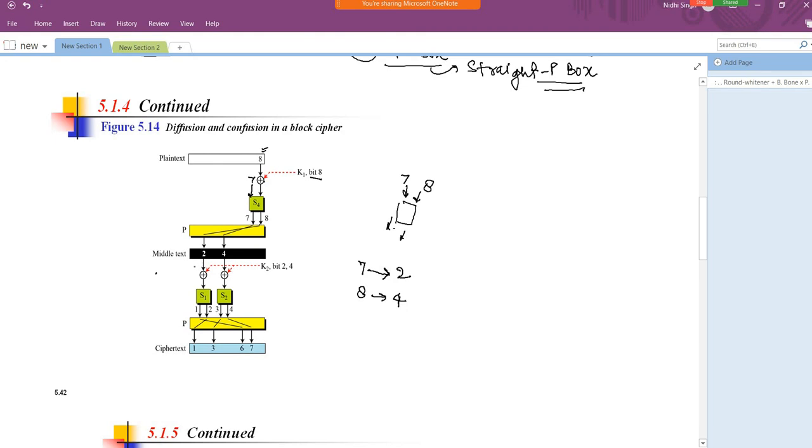Now again we have to perform round 2. So in round 2 we have to take bit number 2 and bit number 4 from the key value and perform the XOR operation in the whitener process, 2 and 4, right? So we have to use 2 S boxes. S box number 1 will take inputs 1 and 2 and the second one will take 3 and 4.